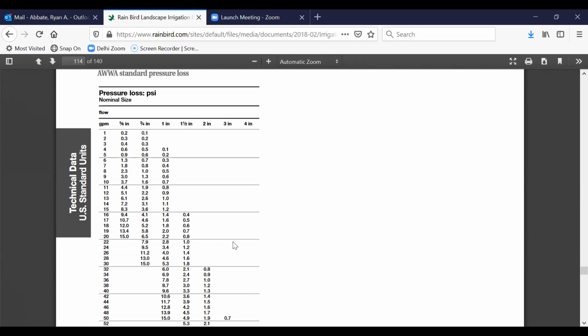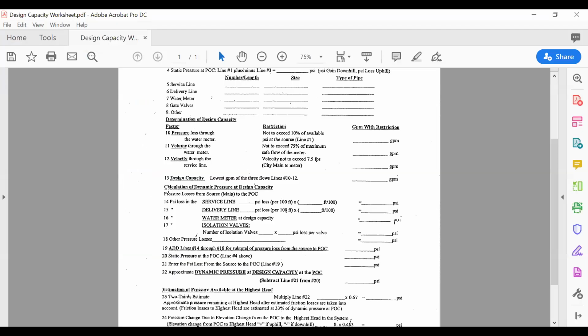So that should give us a total pressure loss of what? 3.14.